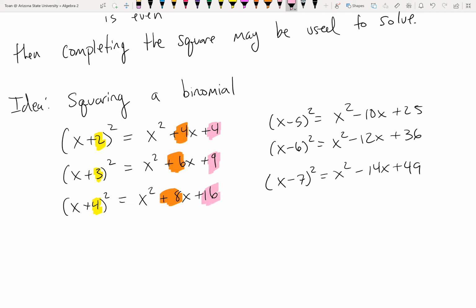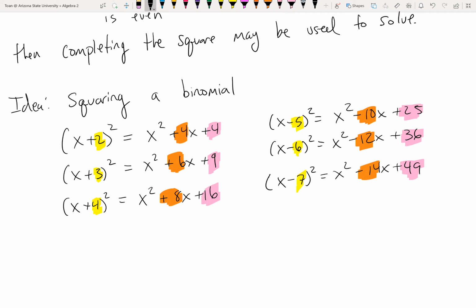Notice how the yellow is always the square root of the pink. Or in other words, to say it the other way around, the pink is the yellow squared. And it's true whether or not we have positive or negative. We can see here that in these examples, the orange or the red is always twice as much as the yellow, and the pink is always yellow squared.